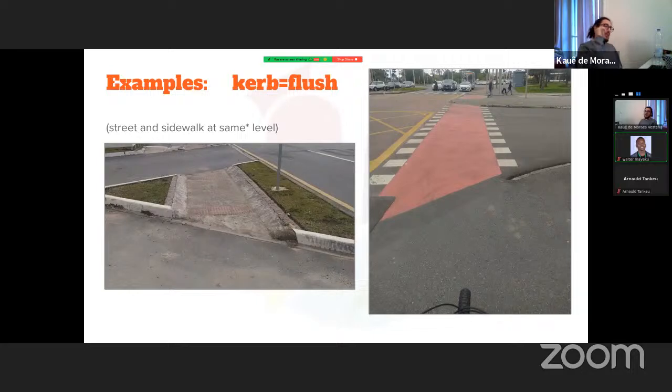So that's why it's so important to map in a very detailed way, okay? Because different people have different necessities. A high curb, for example, can be an item of security for a blind person, because it splits the space between where the sidewalk is and where the street is. But if it doesn't have the curb, it will be harder to know for sure, okay?